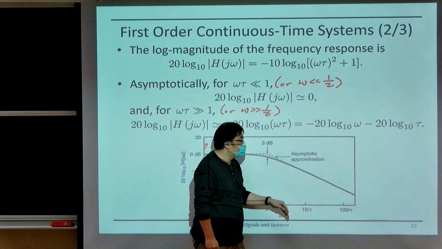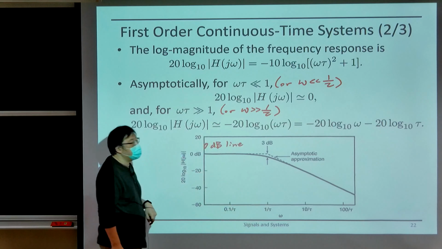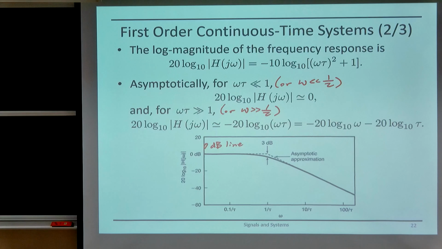So this is called the minus 20 dB, or the 20 dB per decade, asymptote.